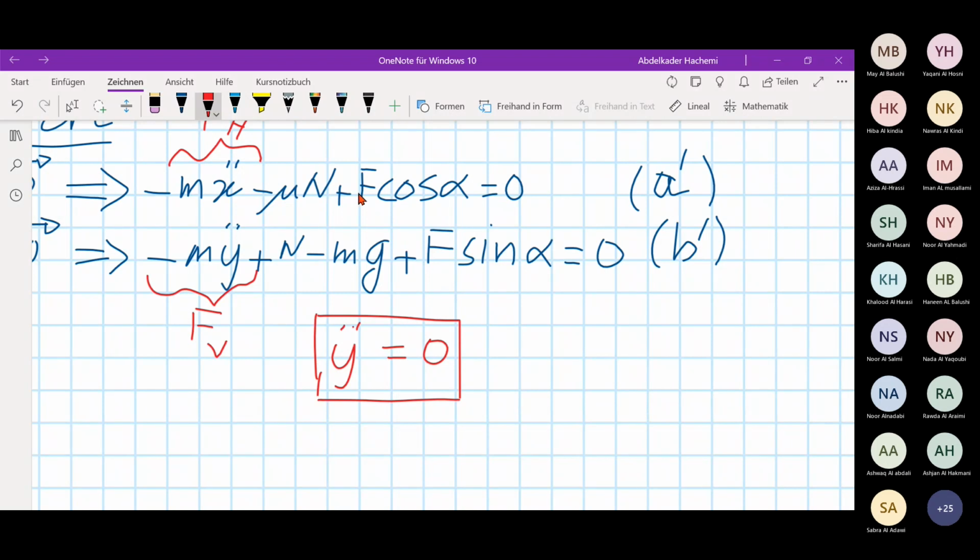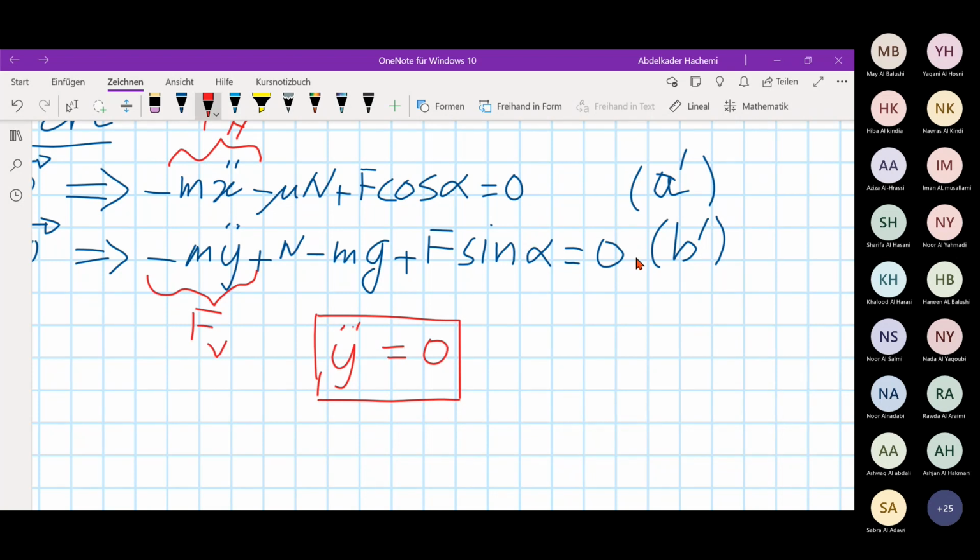The force F is also unknown, so we already have three unknowns. Here the same principle: if we use the second equation, when we put y dot dot equal to 0, we have the force N and we have the force F. F is the force in the cable, N is the normal force or the contact force. There are two unknowns, one equation. We need the third one.